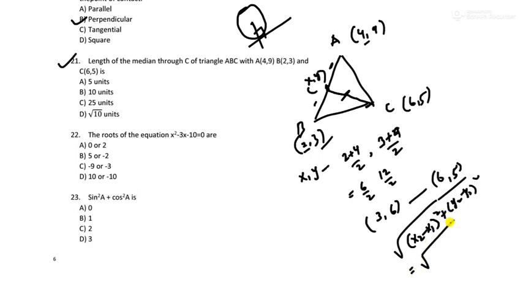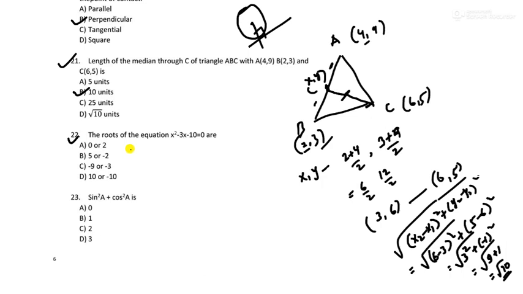So when you substitute, you get 6 minus 3 whole square, plus 5 minus 6 whole square. Here you will get 3 square and here you will get minus 1 square. So this is 9 plus 1, which is equal to root 10. So the answer is root 10 units. Okay, it is a very easy question.